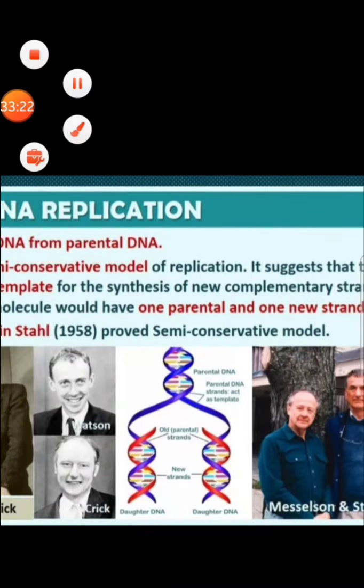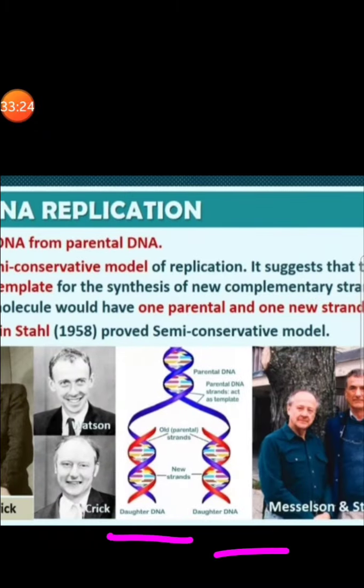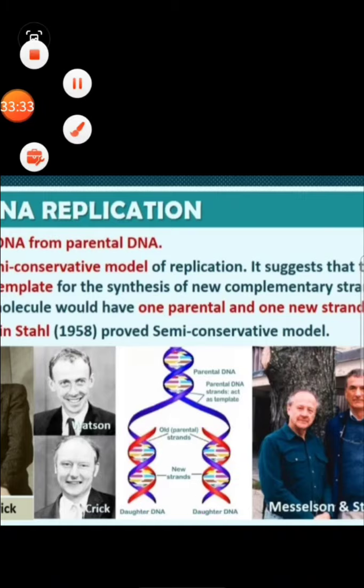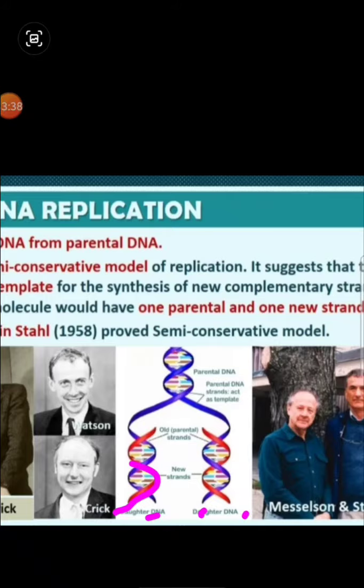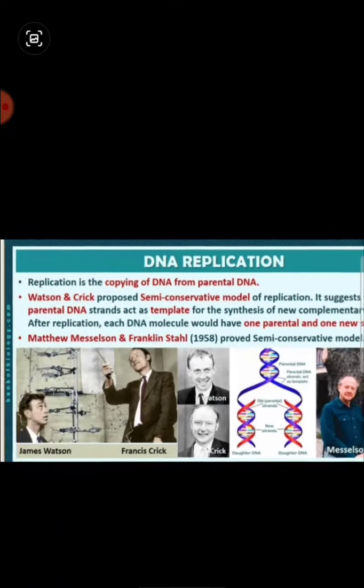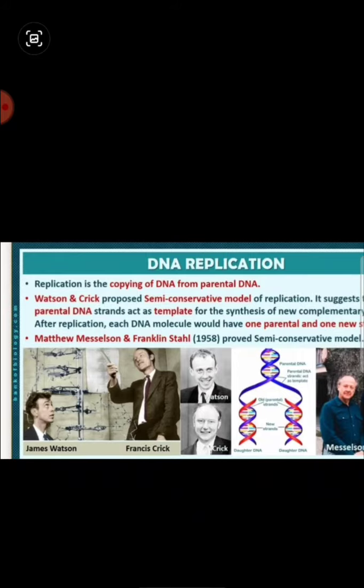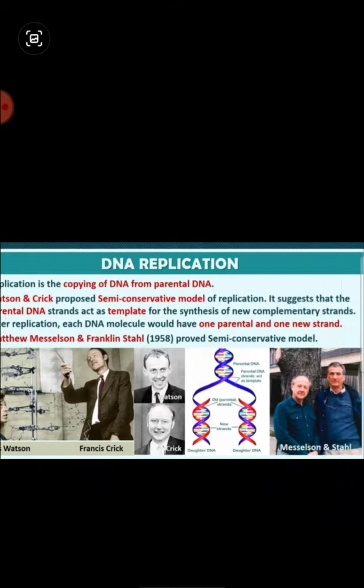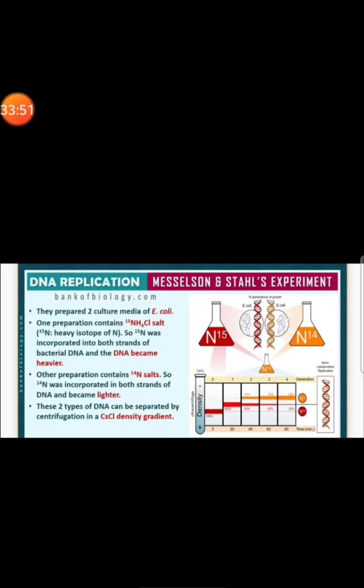You can see here, each of the daughter DNA will have one parental strand and one new strand which is synthesized. And Matthew Meselson and Franklin Stahl proved that it is the semi-conservative model. That we will study in detail.